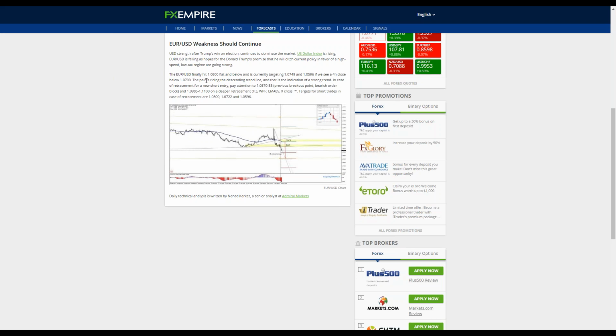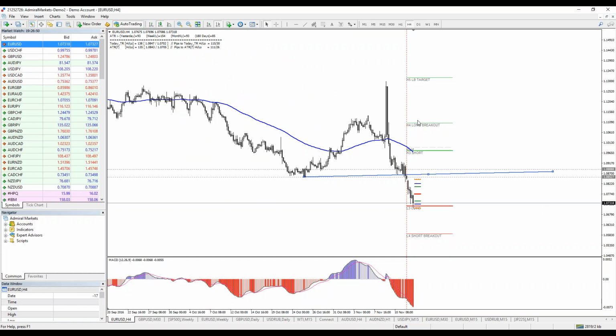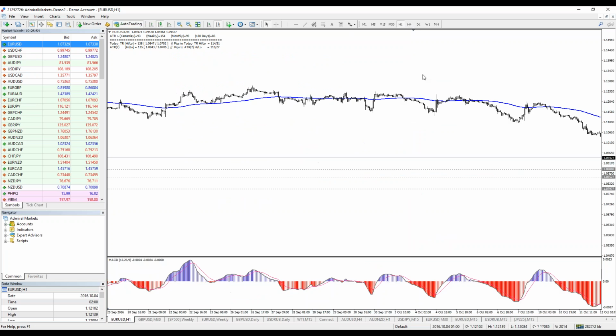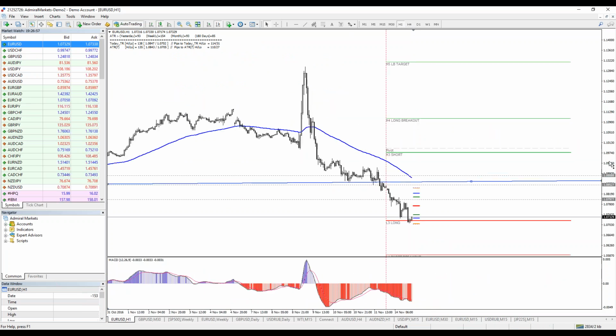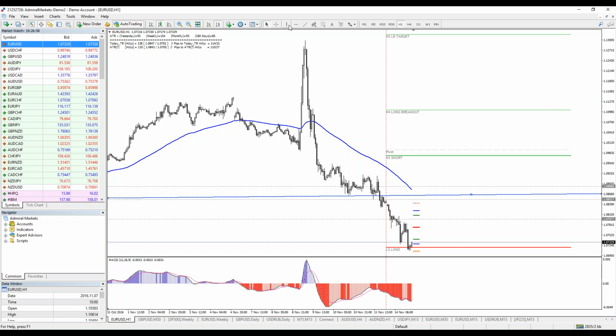So maybe you can also pay attention to 1.0800. Because here at 1.0800, now let's drop to the 1 hour time frame. You see, guys, around the zone.